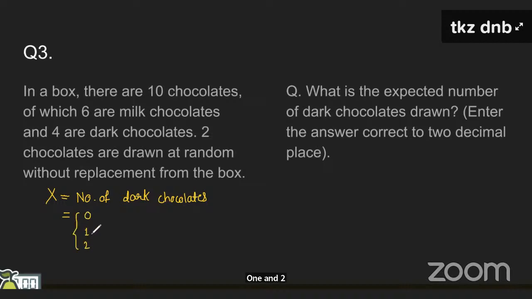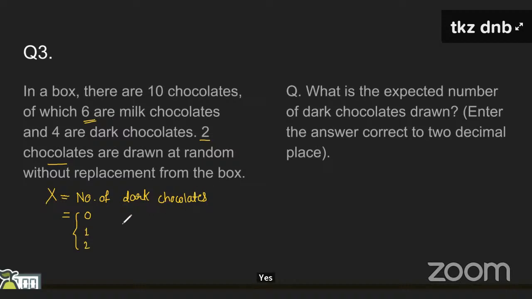Out of 10 chocolates, we are choosing two chocolates without replacement, and we are calculating how many dark chocolates are drawn. We can choose 0 dark chocolate, 1 dark chocolate, or 2 dark chocolates. It may be possible that both the milk chocolates are chosen.